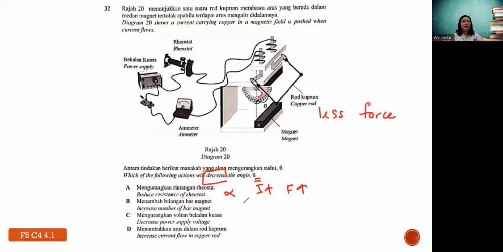Increase the number of magnets? No, because stronger magnetic field will also increase the force. Then decrease the power supply. Yes, why? Because when you have lower voltage, that means your current reduces, understand? So therefore your force will be less. Then increase the current, cannot. This is the same idea. Our force is greater, so your choice should be C.